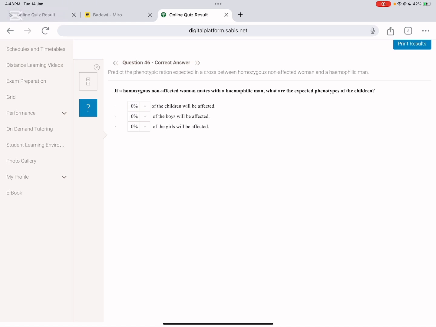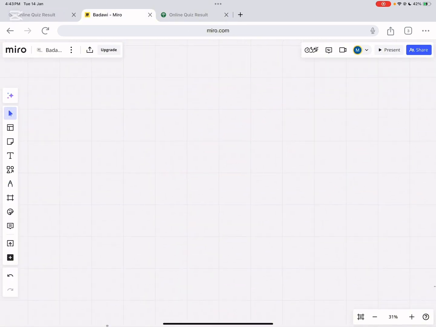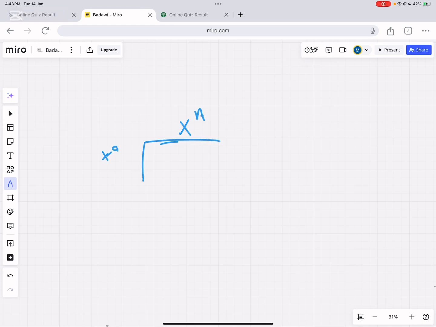Okay, so if a homozygous non-affected woman mates with a hemophilic man, what are the expected phenotypes of the children? So, since the female is unaffected, she can only give the good allele, and the male is affected, so he has the recessive allele and the Y. So XA, and XaY. 0% of the children will be affected.